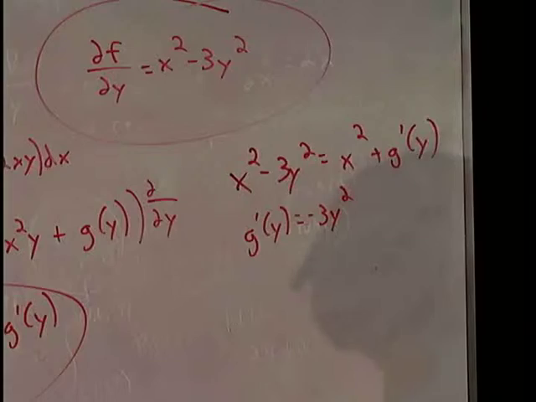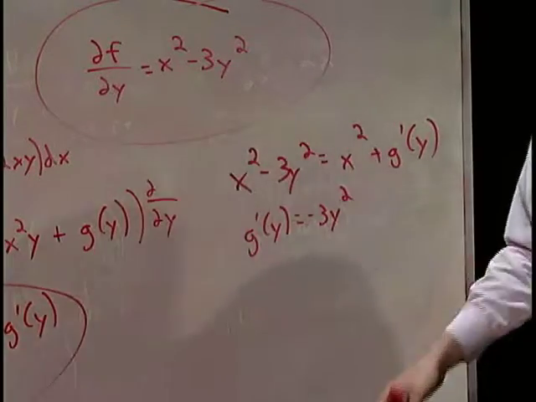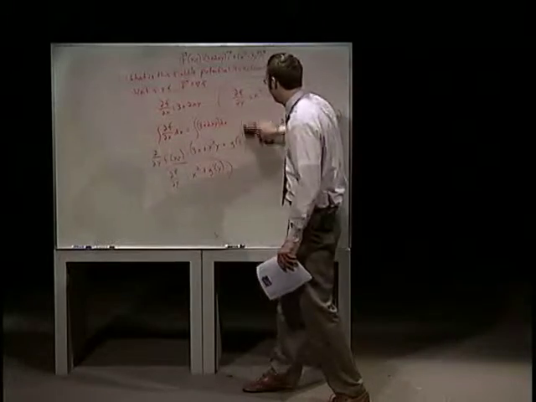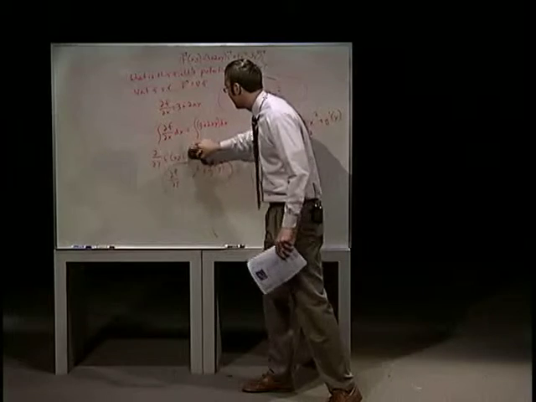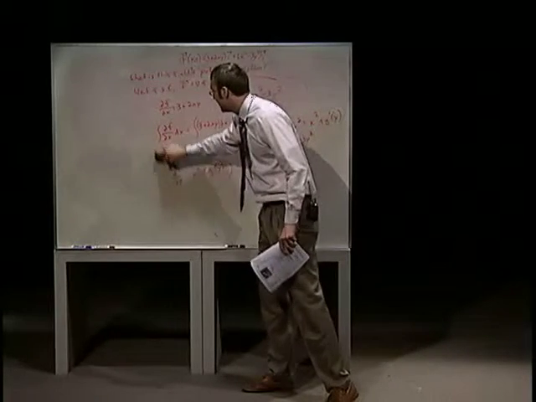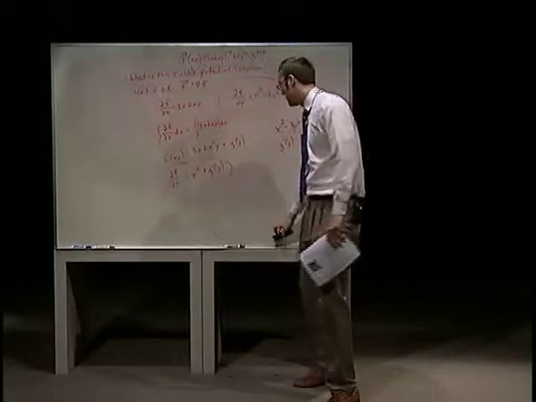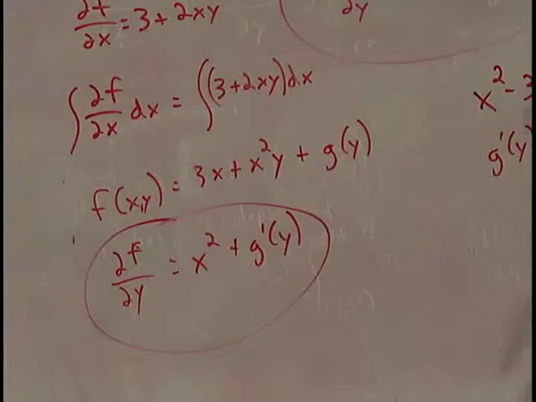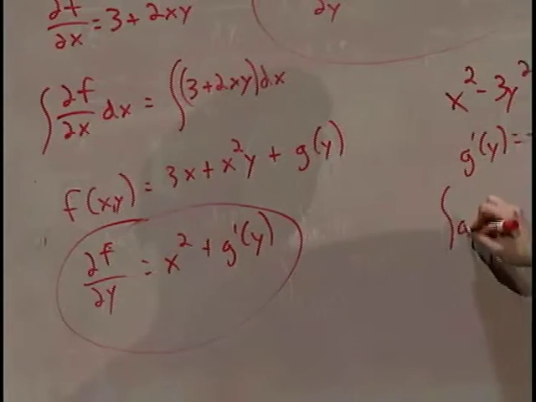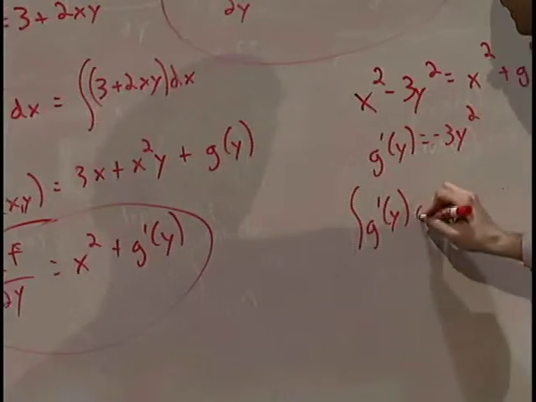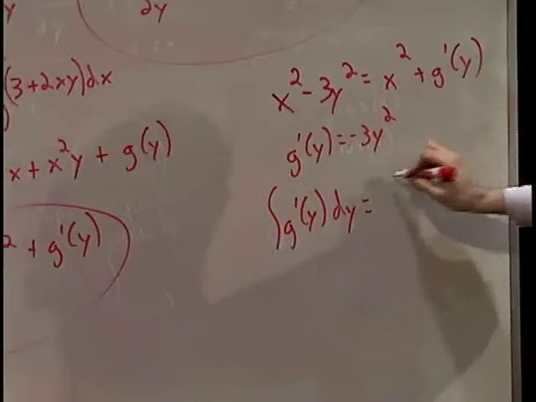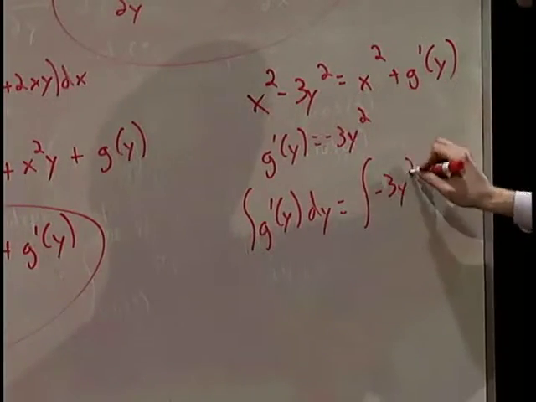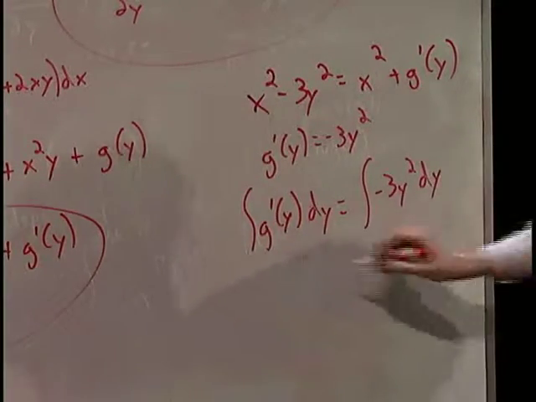Remember, our goal is, what is f of x y? Well, before I took partial y of both sides, I had it here. It was f of x y equals this thing plus a function of y. Well, we're almost to that function. We know what g prime is. Let's integrate both sides. Integrate g prime of y with respect to y, integrate negative 3y squared with respect to y.